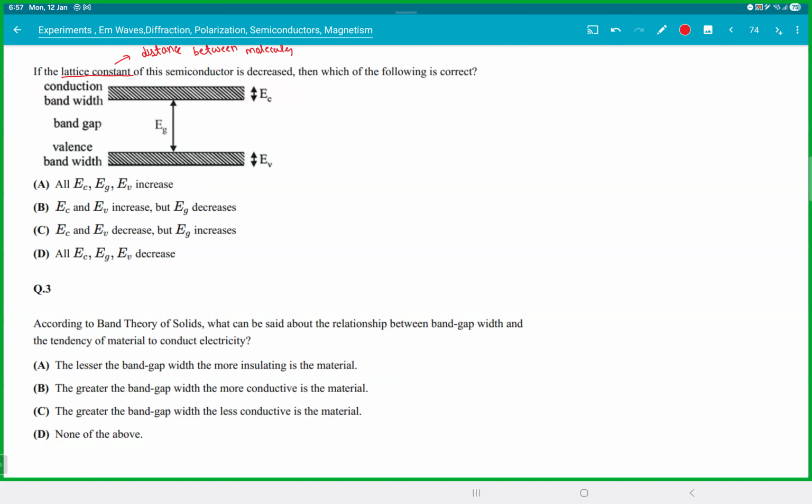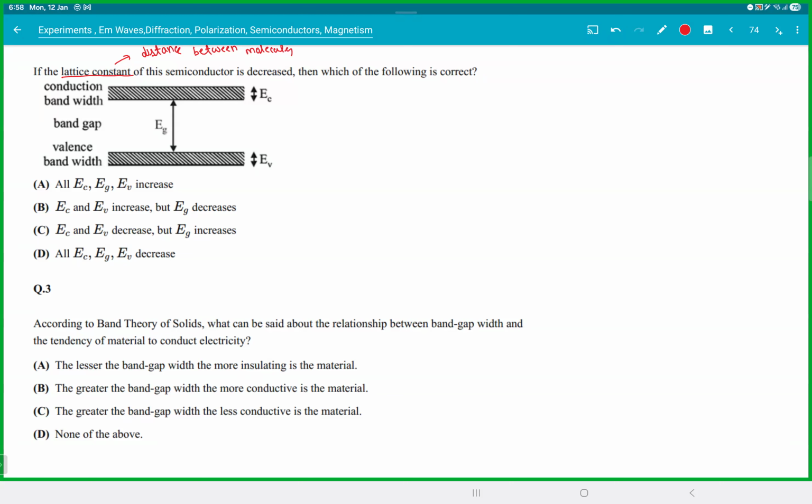So what is this? So what happens here when you increase the distance between them?